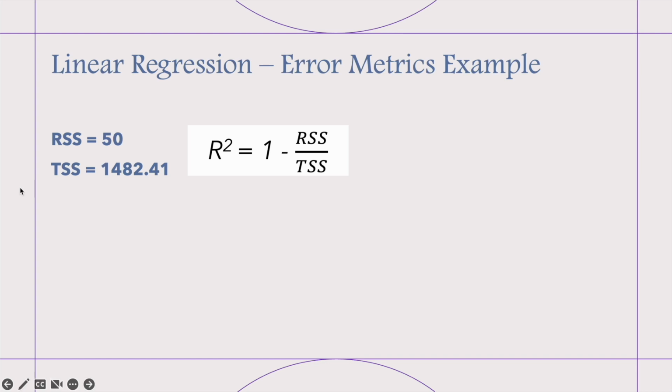And then when we apply these values to the formula, we will find something like 0.96. So it's too close to 1. That means, as you see, RSS is very small compared to the TSS. Then the result is close to 1. So it's good because the error is low and the variance is not low.